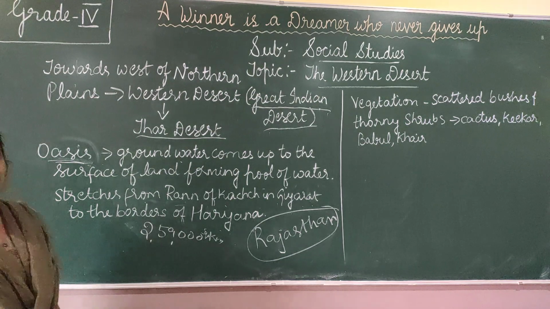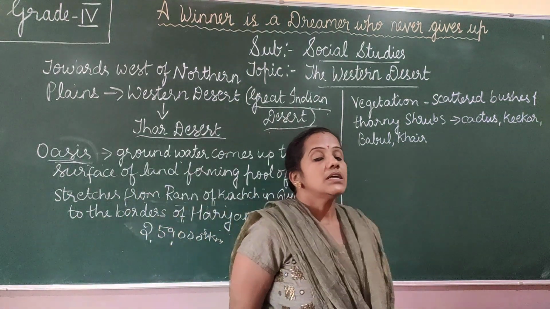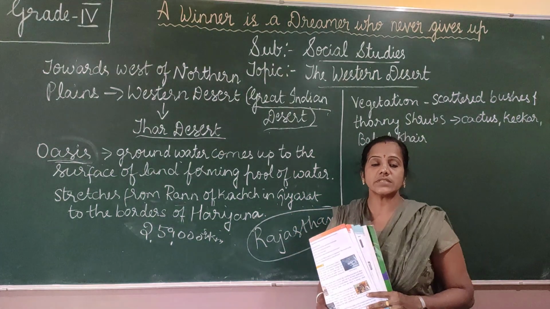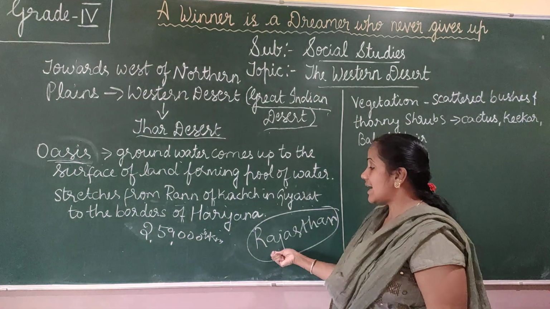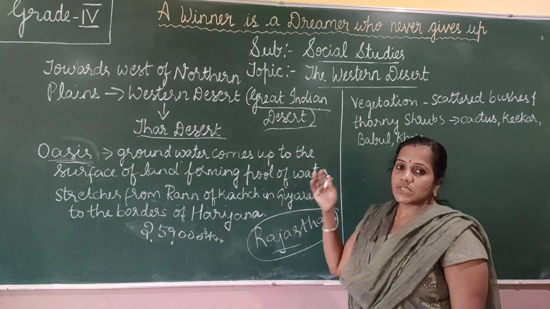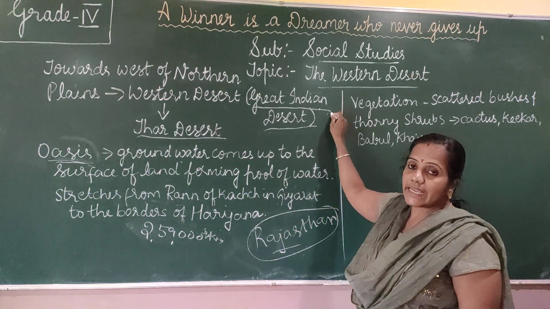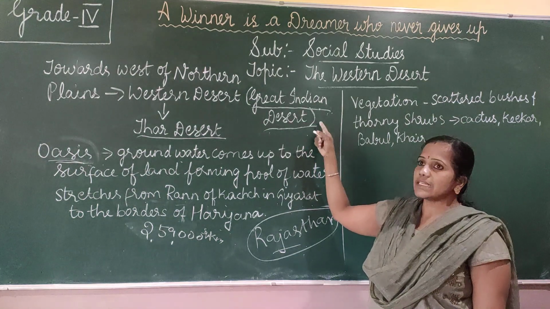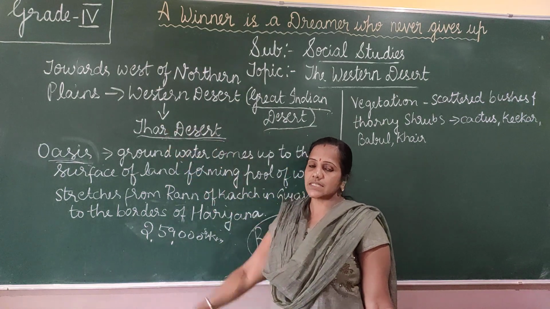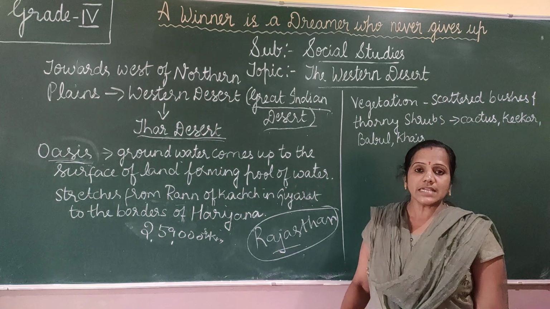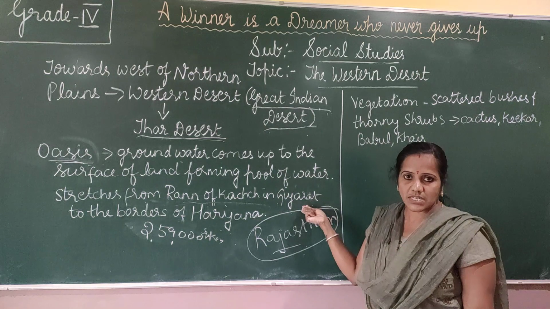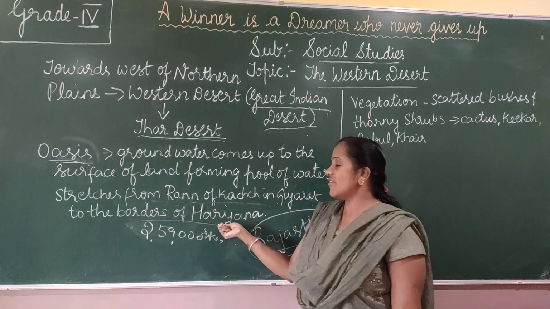So this Thar Desert is located towards the west of the northern plains and towards the west of the Aravalli Hills in Rajasthan. It is also called the Great Indian Desert. It stretches from the Rann of Kutch in Gujarat to the borders of Haryana.